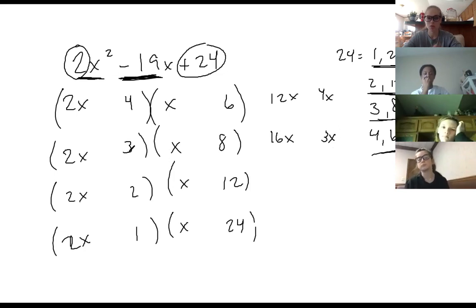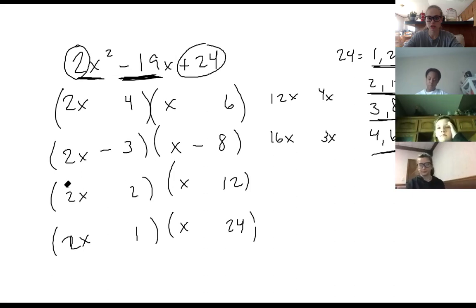What will get me the 16x and the 3x? 16x and 3x will give me a negative 19 if their signs are what? They're both negative. And 2x times negative 8.